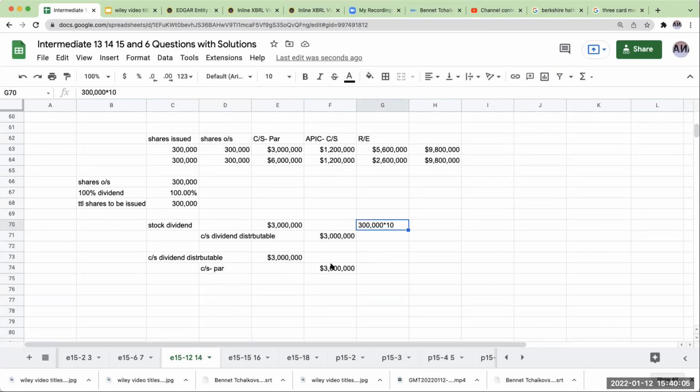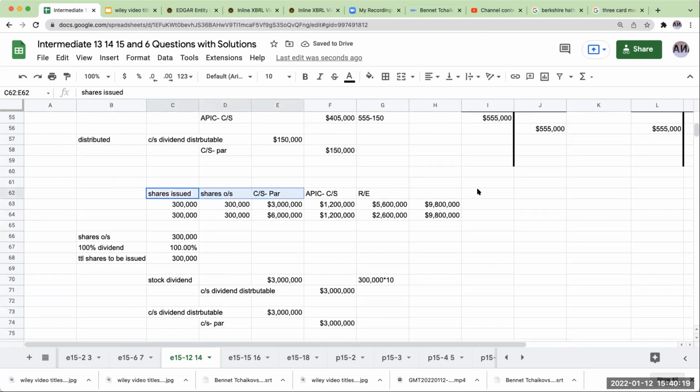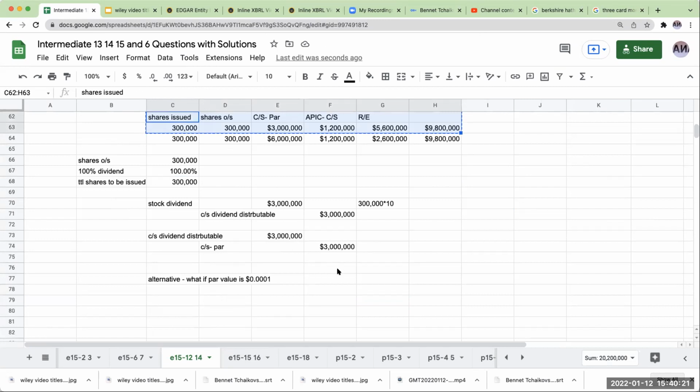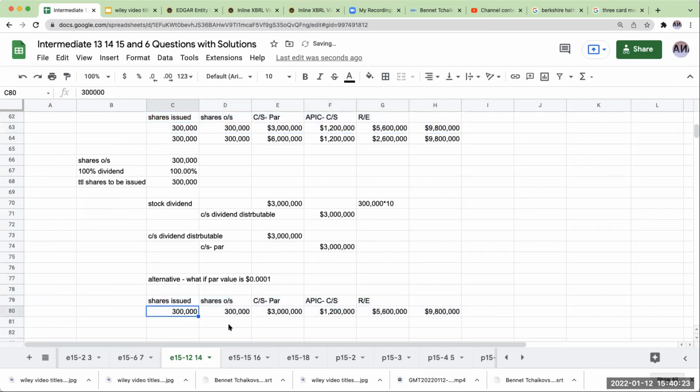Now, what if the par value is 0.0001? Okay, so how would that differ here? Well, if I looked at my initial situation, right, gym, tanning, and laundry, my common stock at par would effectively be $30, right?